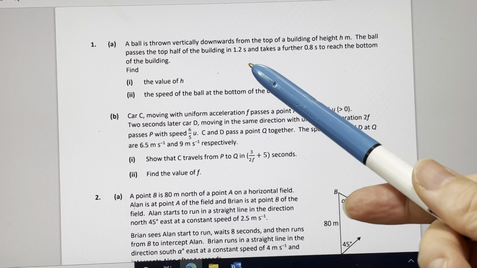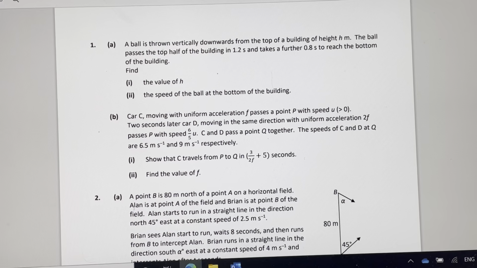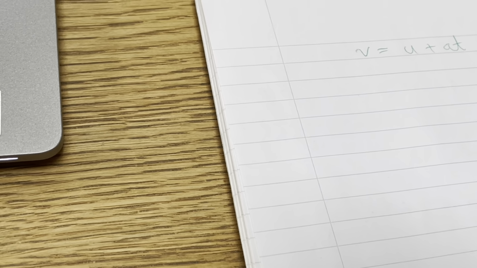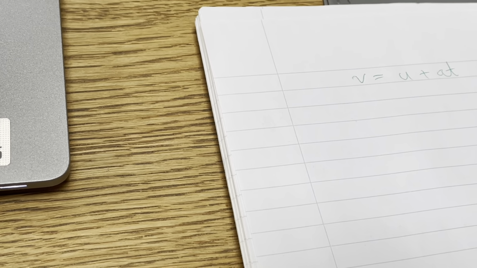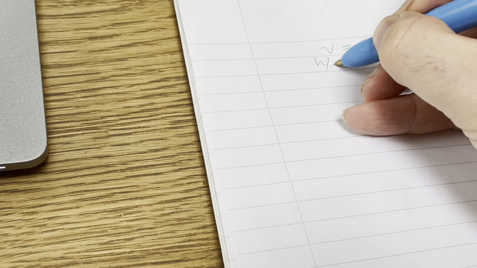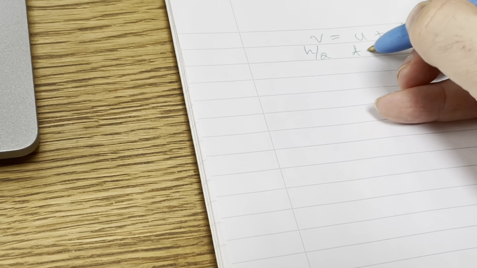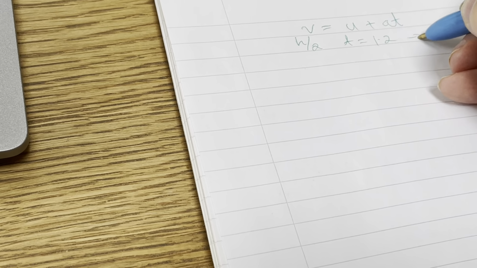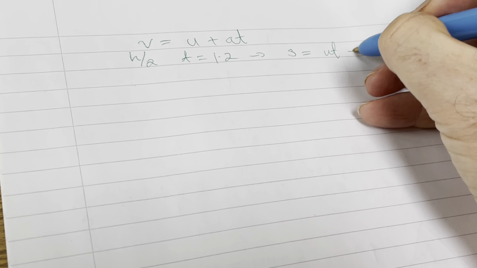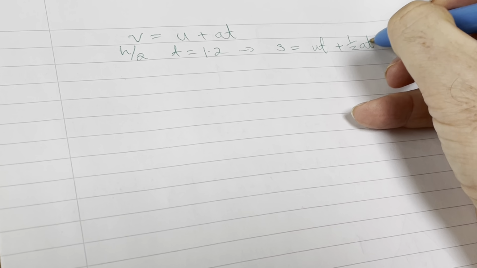So for the first one, you could take v equals u plus at for half the building. After travelling, you say it's gone half the height after t equals 1.2. But far more useful would be s equals ut plus half at squared.